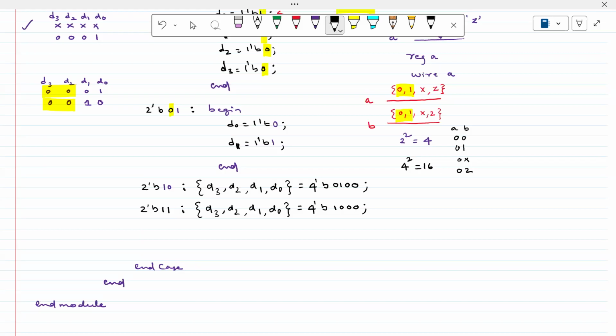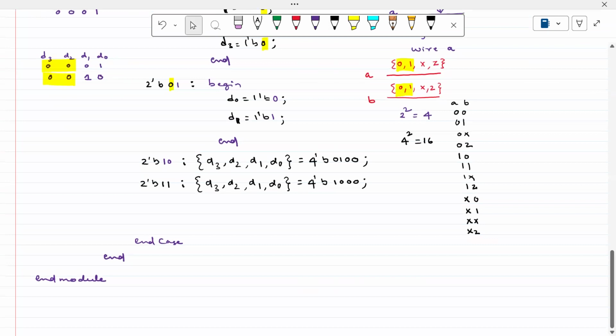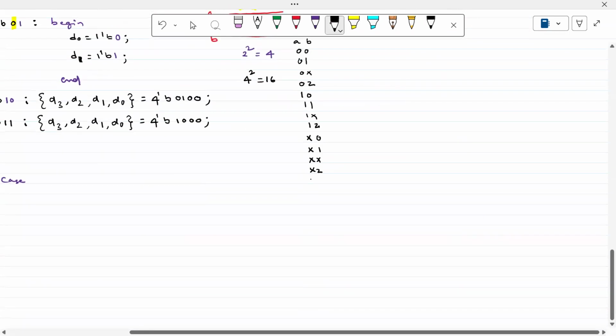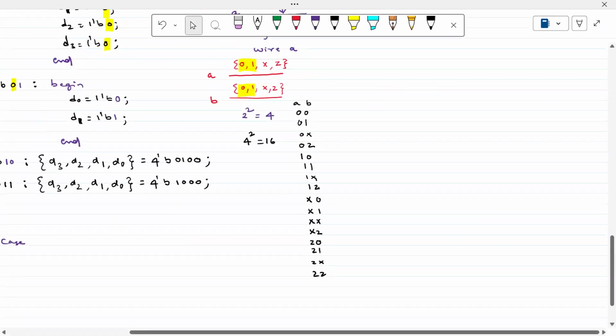Similarly, A can be 1, giving 1 0, 1 1, 1 X, 1 Z. Similarly, A can be X, and B can be 0, and so on. Like this again, we have Z 0, Z 1, Z X, Z Z. So all are 16 possible combinations.